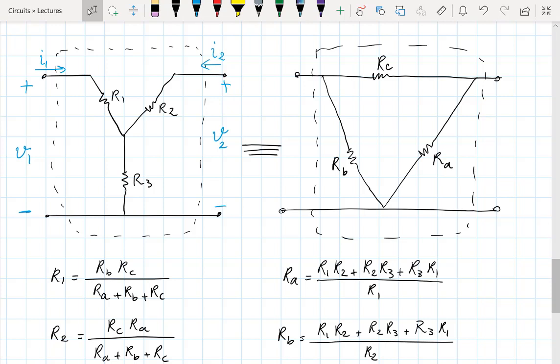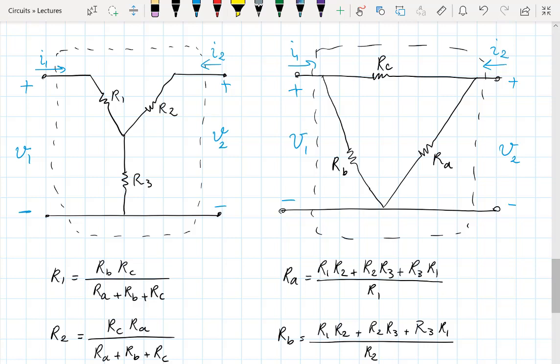Equivalence, in this case, means that the same IV relationships should hold if I replace what's inside this box with what's inside that box, right? So if connected to the same outside world, I want to have the same V1, I1, and V2, I2. Maybe I'll erase this so that we don't think V1 is equal to V2.